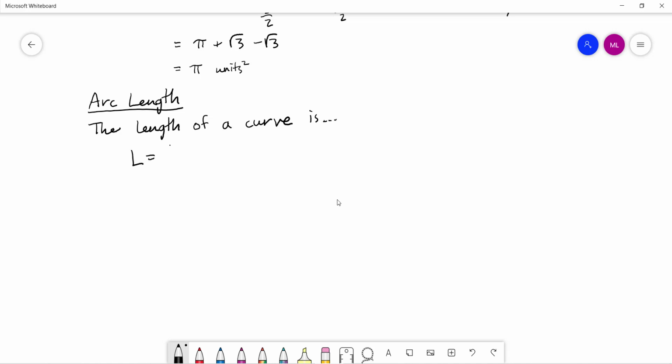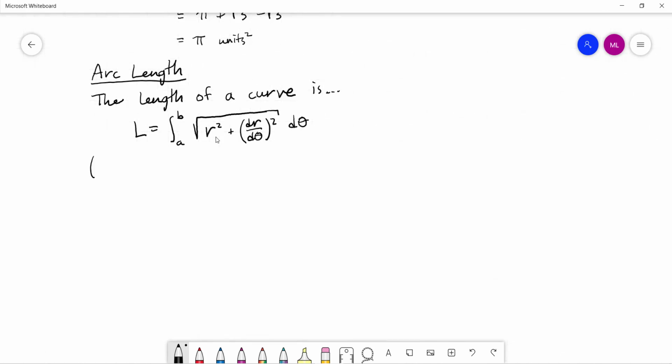L is going to be the integral from a to b, so that's going to be our starting and ending points in terms of theta, and we get the following. It's going to be the square root of r squared plus dr d theta squared times d theta. So that's going to be the formula.